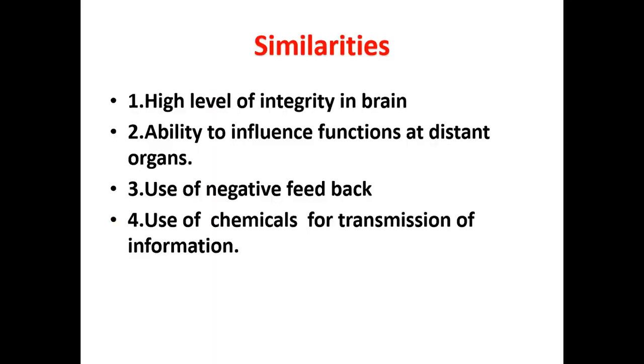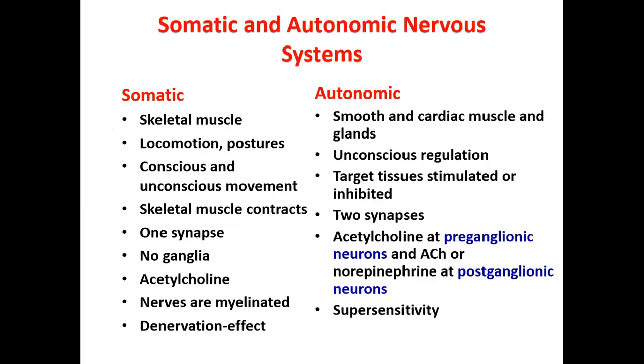It uses the negative feedback mechanism, and it uses chemicals for transmission of information. These are the similarities. Now, we'll look into the brief differences between the somatic and autonomic nervous system.